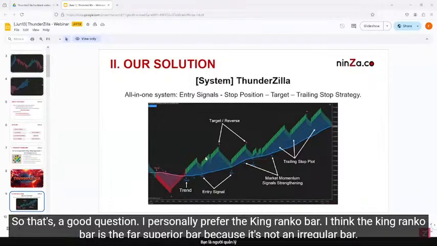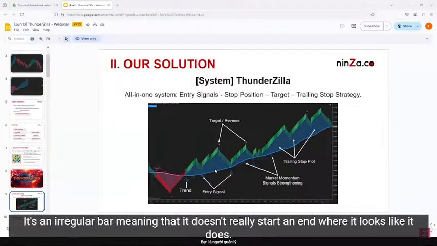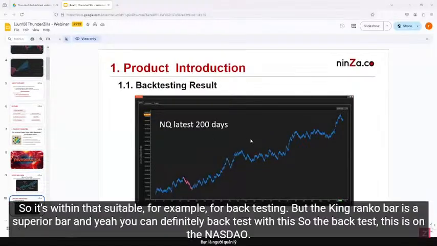The regular Renko bar, like the Ninja Renko bar, is an irregular bar, meaning that it doesn't really start and end where it looks like it does. So it's really not suitable, for example, for backtesting. But the King Renko bar is a superior bar, and you can definitely backtest with this.